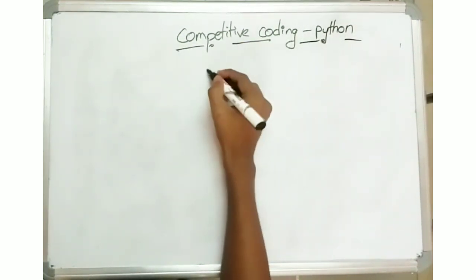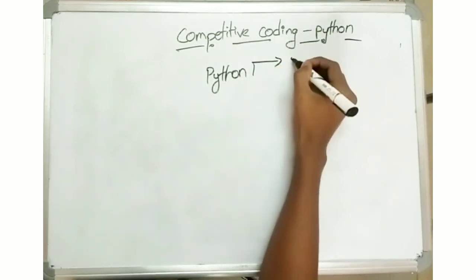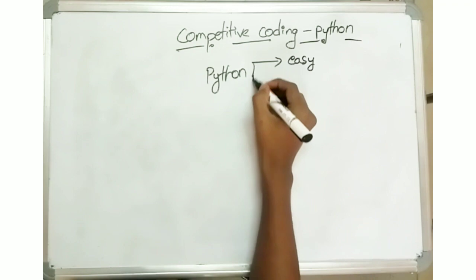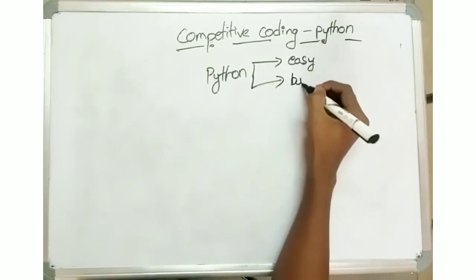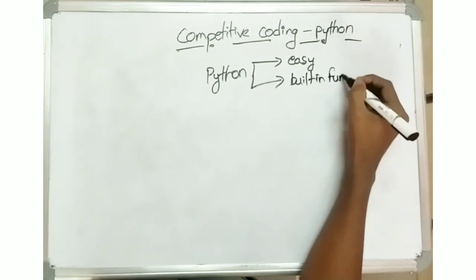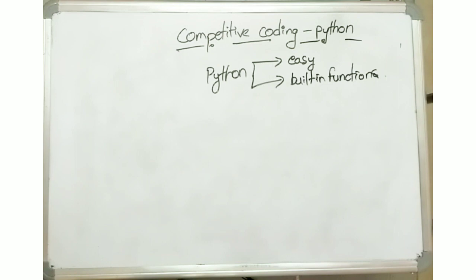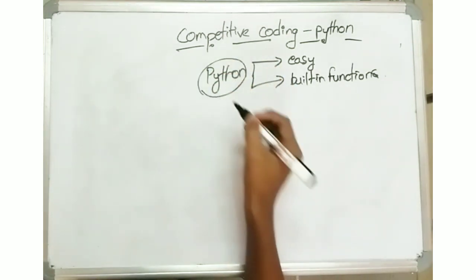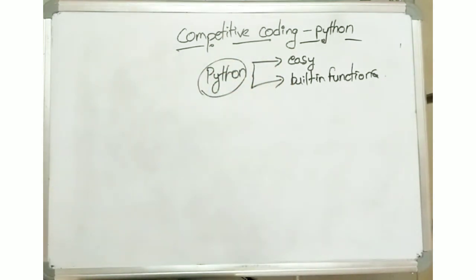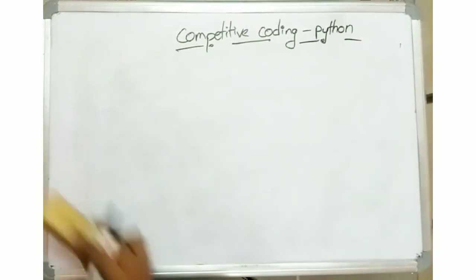Python is a simple language, any beginner can learn it easily, and it has a number of built-in functions that help reduce the programmer's task. There are a lot of advantages to Python, so a lot of beginners use Python for competitive coding.